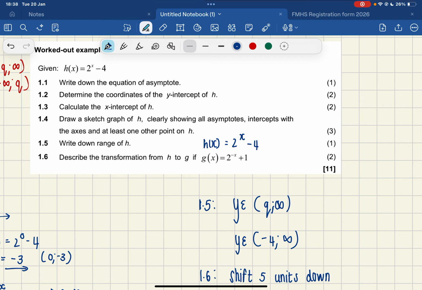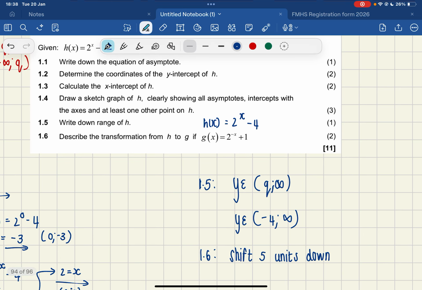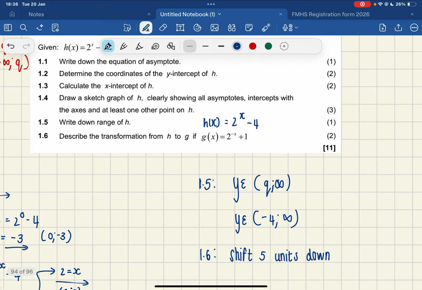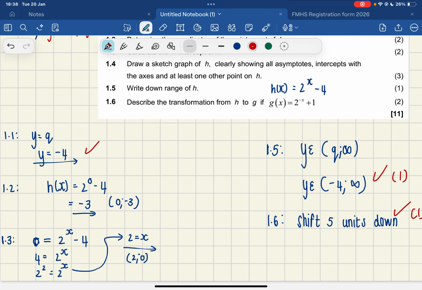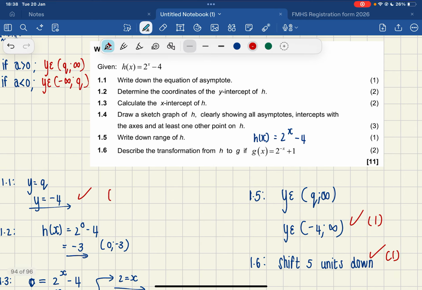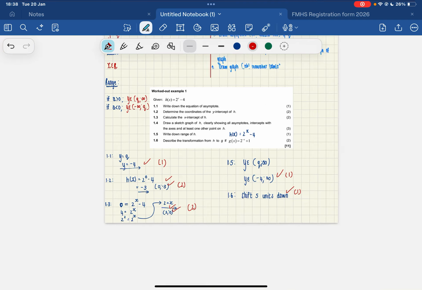If we have a negative x, what can we say about the graph, boys and girls? Because you get your marks here, 1 mark, 1 mark, 2 marks, and then we're done.